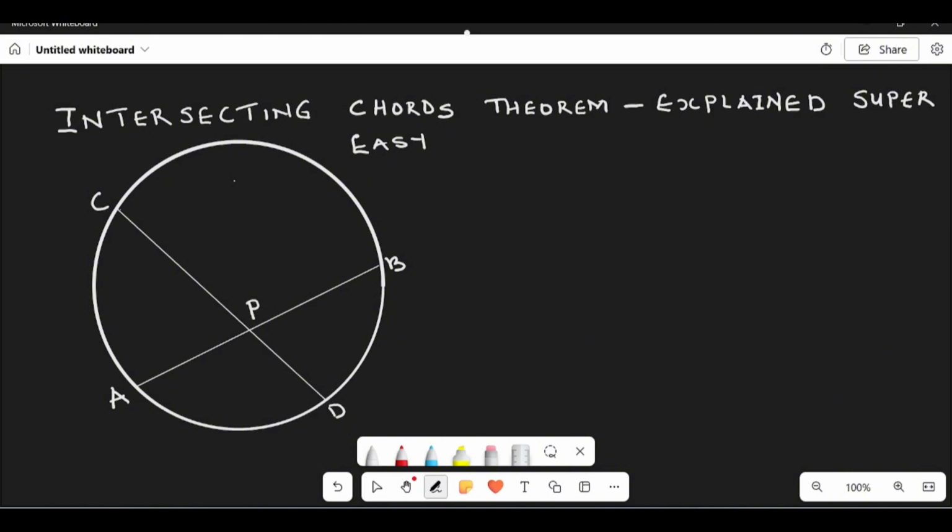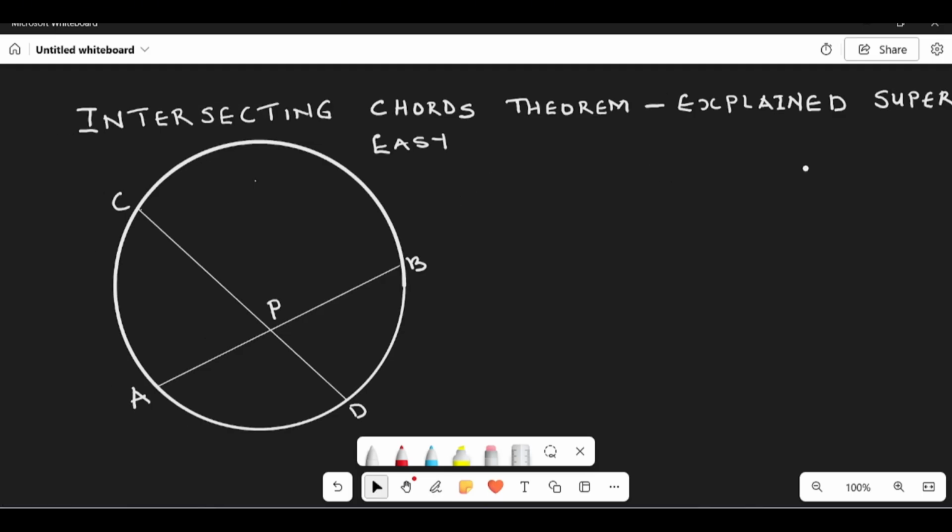Mathematically, it can be written as AP multiplied by PB equals CP multiplied by PD.